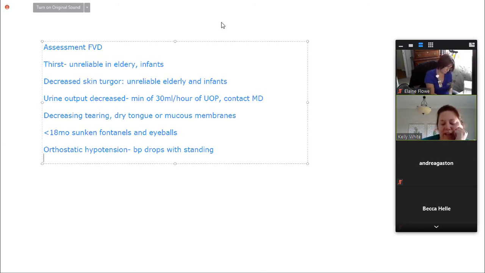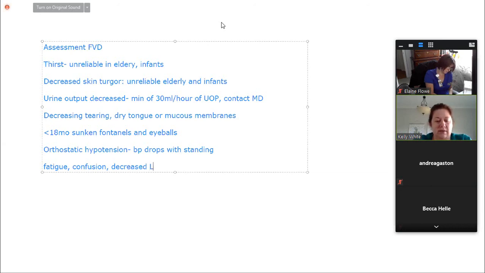So you don't have enough fluid volume to have adequate cardiac perfusion and have enough blood circulating through your system to really work. So you're going to have those signs of decreased cardiac output. So those are going to be things like fatigue, confusion, decreased level of consciousness.